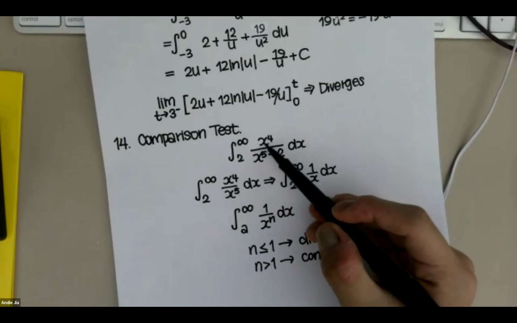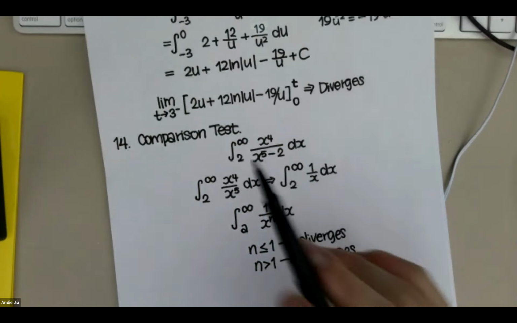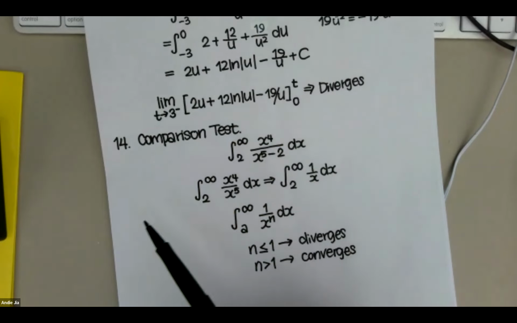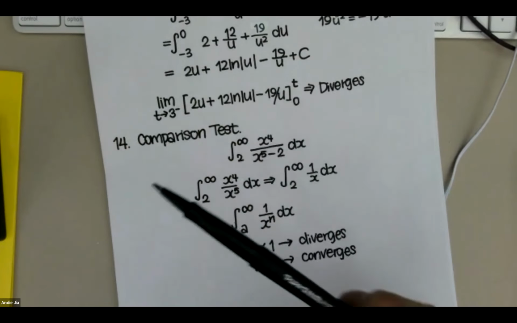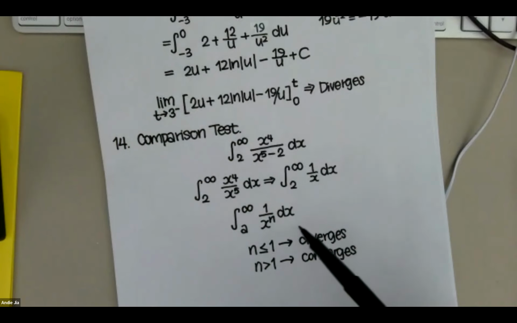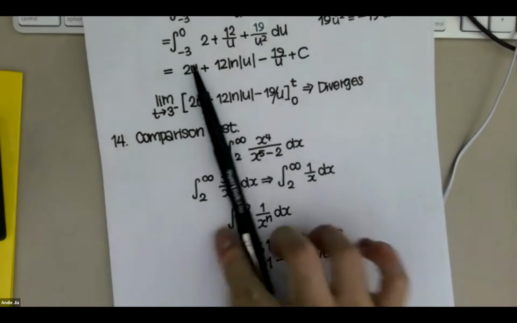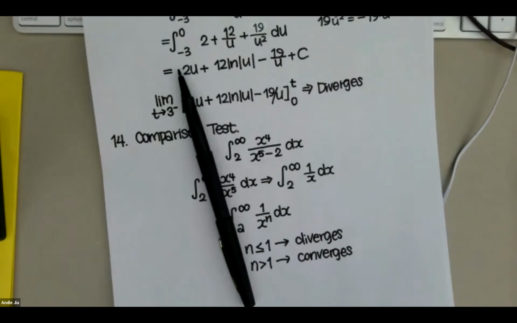Even if you make a U substitution, it's going to be 1 over 5 over U, and U is the same as X with a power of 1. So it just diverges. Does this make sense to you? Because even if you U sub, you still get the same thing. Does that make sense to you guys?